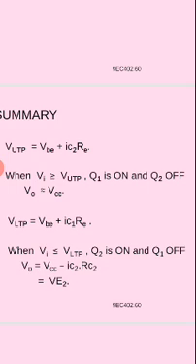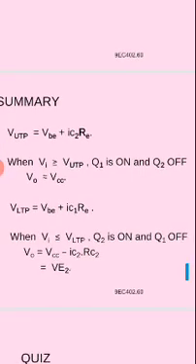VLTP equal to VBE plus IC1 RE. When Vi less than or equal to VLTP, Q2 is on and Q1 off.